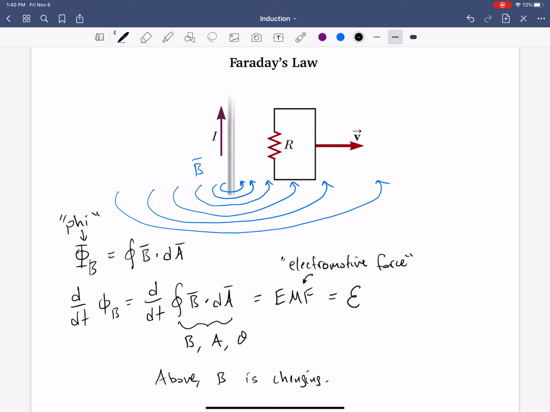And so there will be an induced current around this loop either that way or that way. The next video, on Lenz's law, will tell us the direction. Okay, so this is Faraday's law. The EMF is equal to the change in magnetic flux. Right there.